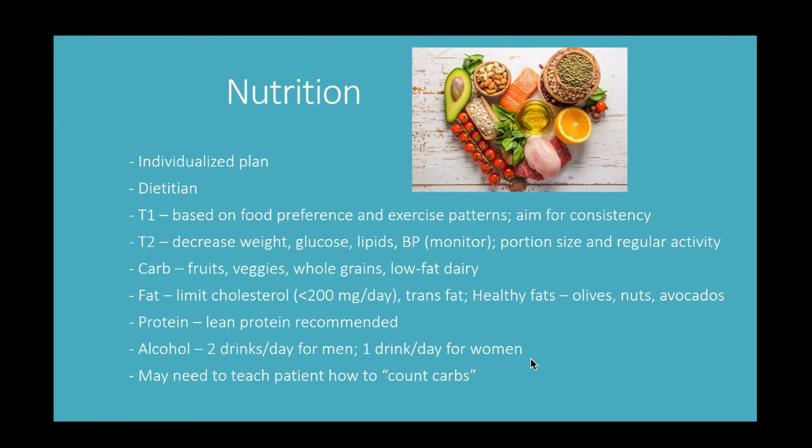We are simply going to act as their broken pancreas by giving them insulin. So they can have whatever they want. They should eat a healthy diet in moderation like any other person. But we don't tell a patient with type 1 diabetes that they can't have ice cream, they can't have pizza, they can't have sugary drinks or sodas. We just need to cover it with insulin if they choose to have it.